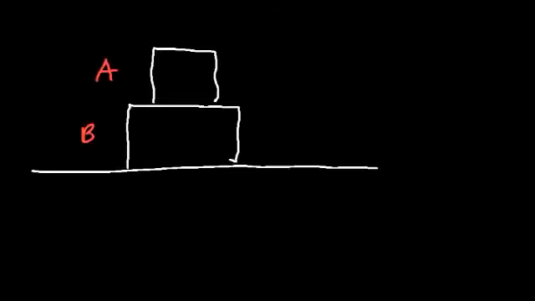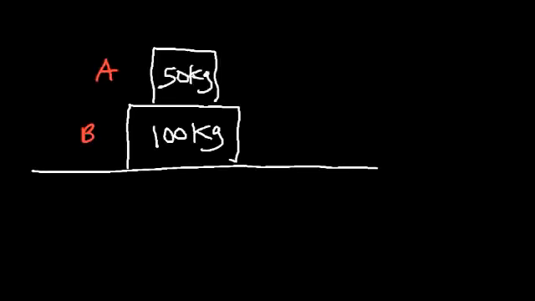Now what if you have two blocks like this? Let's say this is block A and block B. And let's say that block B has a mass of 100 kilograms and block A has a mass of 50 kilograms.